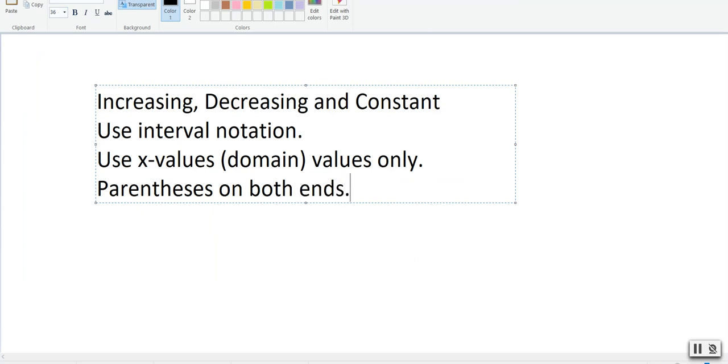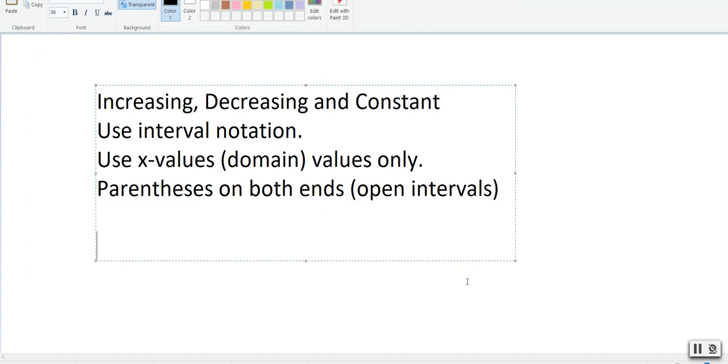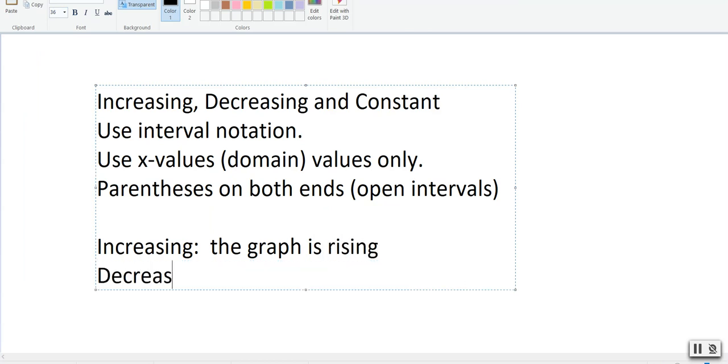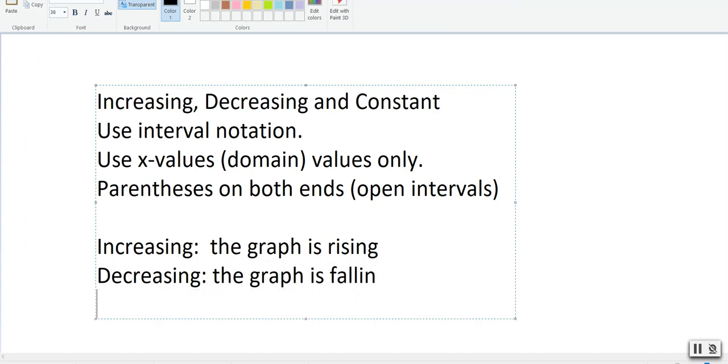That's because increasing, decreasing, and constant are open intervals only. If it's increasing, the graph is rising. If it's decreasing, the graph is falling. And if it's constant, the graph is flat. And it may not be any one of these, okay? So you just have to see, is it rising, is it falling, is it flat?